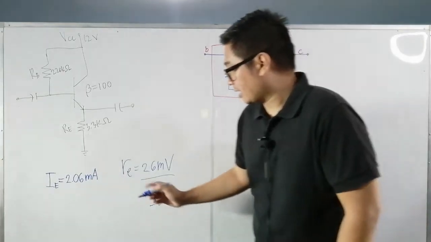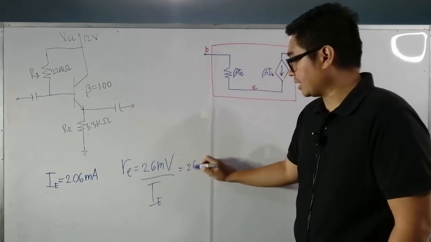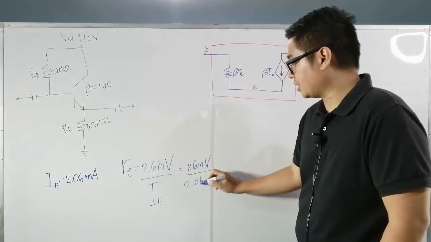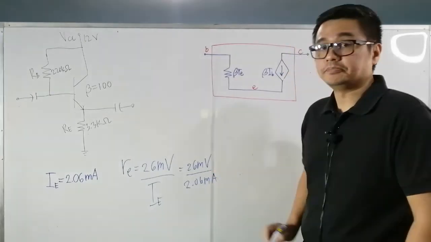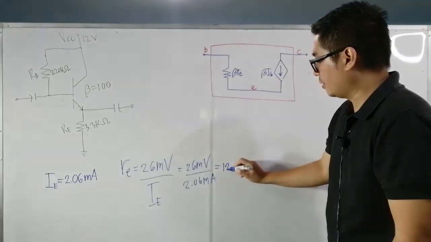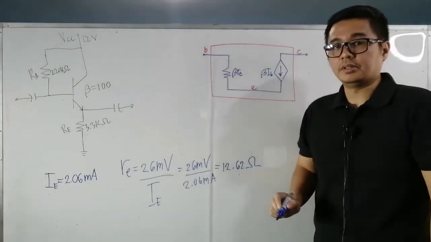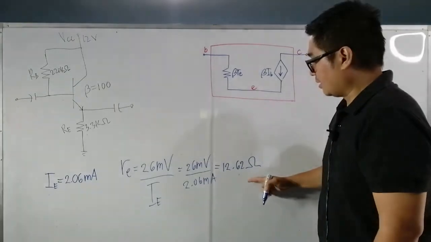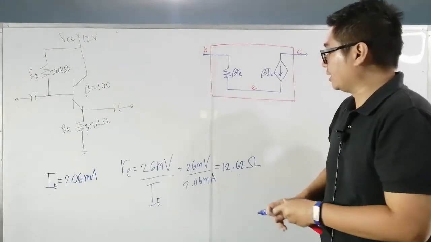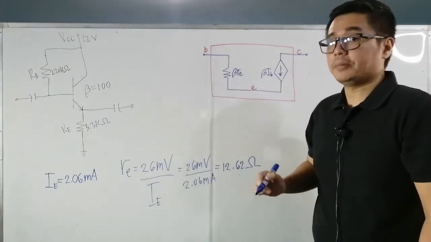Alright? So let's calculate first R sub E. So this is equal to 26 millivolts divided by 2.06 milliamperes. We have an R sub E of 12.62 ohms. So we can write down the value for beta RE dito sa ating R sub E model. We can just replace the value of beta by 100 kasi yun naman yung given.